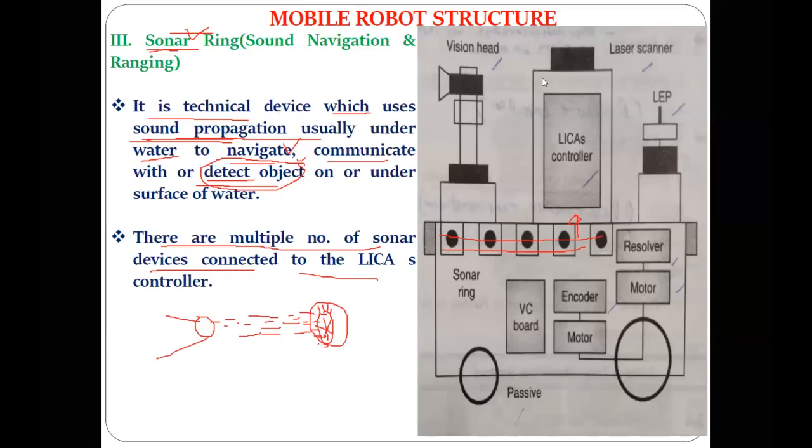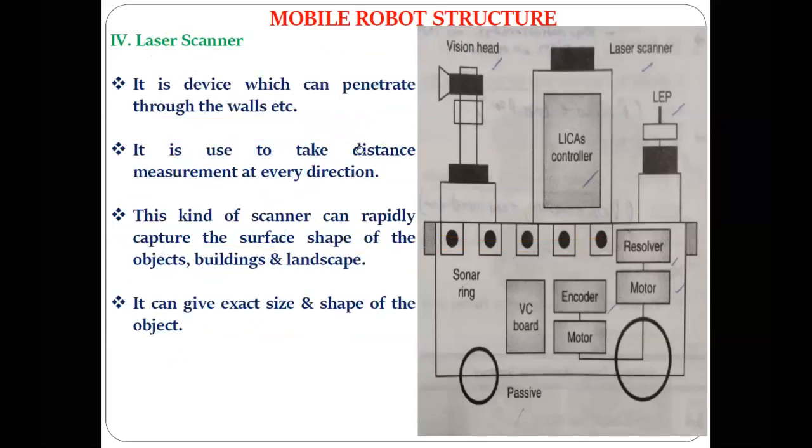Yes, sir. Then the fourth one, we have the laser scanner that you can see here. On the LICA controller, the laser scanner is attached. You know the laser scanner has the capability to penetrate through physical things also. So it can penetrate through the walls also.